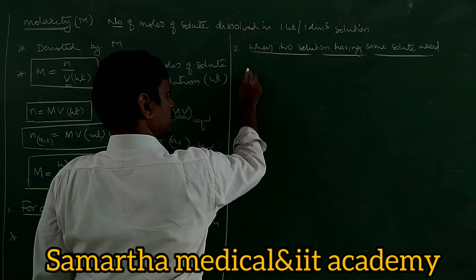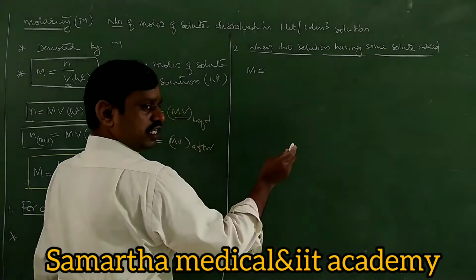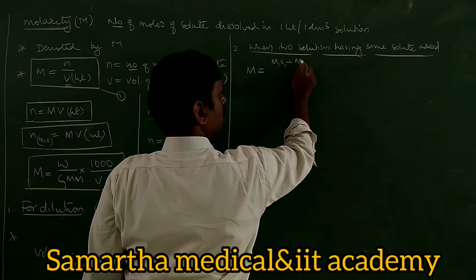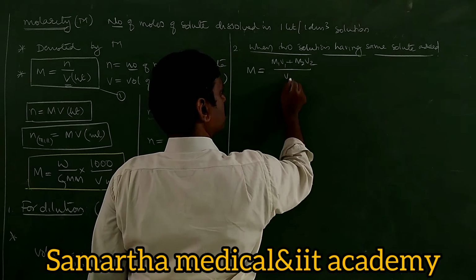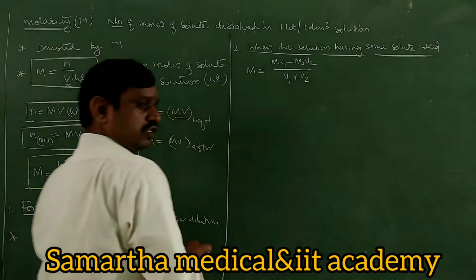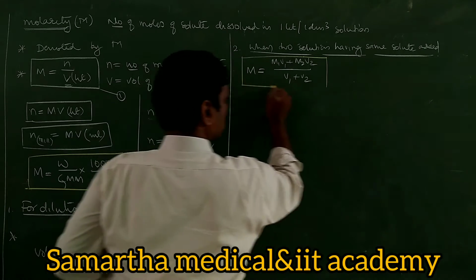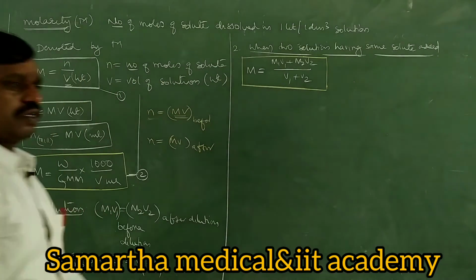Tell me, then, what is the resultant molarity? The resultant molarity is equal to M1 V1 plus M2 V2 divided by V1 plus V2. This is when two solutions with the same solute or same substance are added.